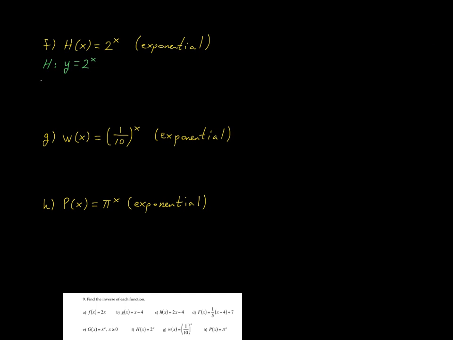And so then we could say that for the inverse function, we would then have that x is equal to 2 to the y power. And now the question is, how do you solve that equation for y? Well, how do you get something out of an exponent position, right? That's really what we ultimately need to do. And that's just not something we've encountered, at least in this class yet.